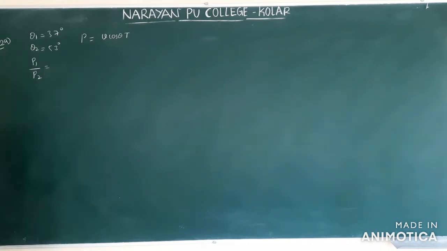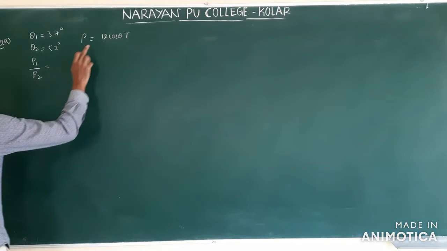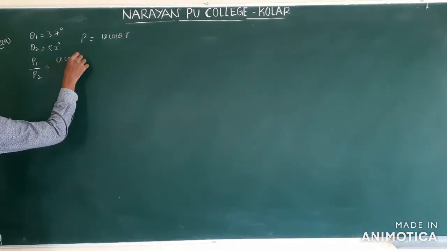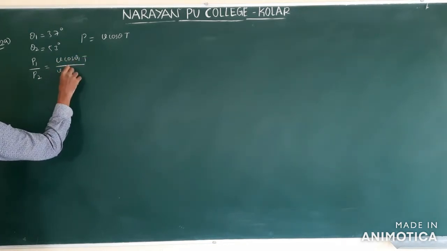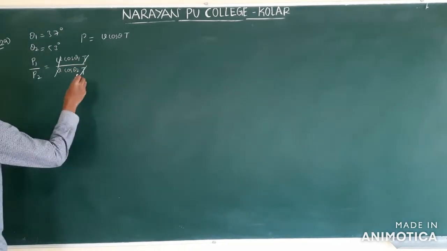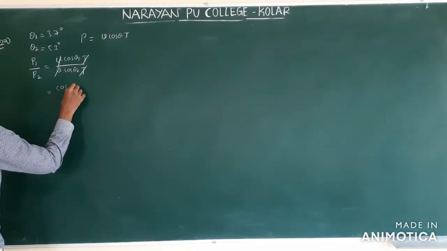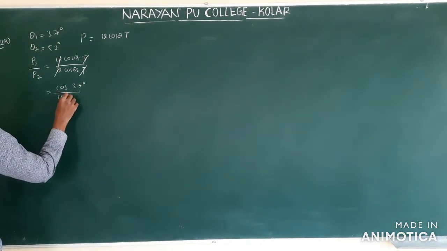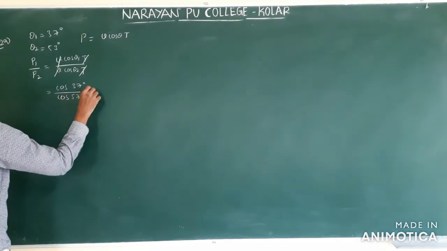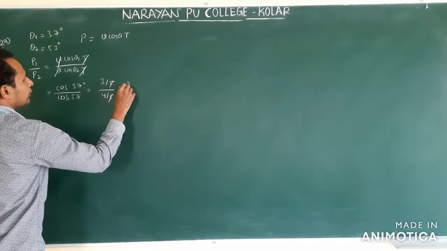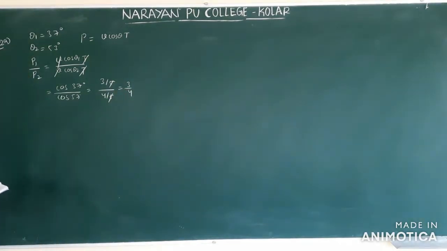The velocity remains the same and the time period also remains the same. So P1 by P2 is v cos theta 1 T by v cos theta 2 T. V cancels, the time period cancels, and this is cos 37 by cos 53, which is 3 by 5 over 4 by 5. 5 cancels, so the ratio is 3 by 4. Clear?